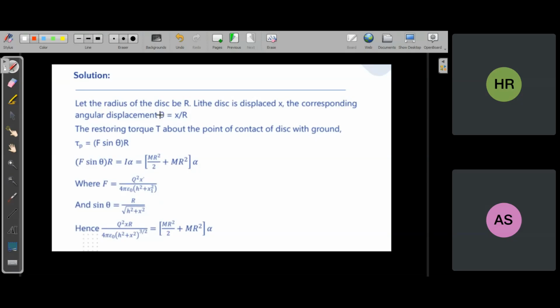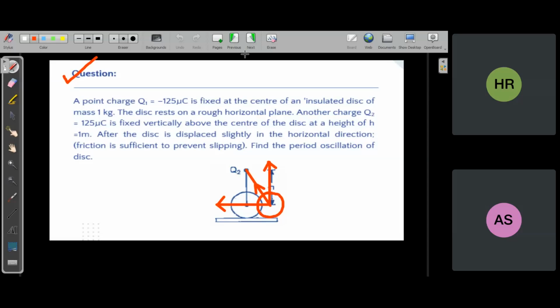You can go through this. See this here. This force is nothing but F sine theta, where this angle is theta. If you take this angle as theta, this component of force will be nothing but F sine theta, the horizontal component.